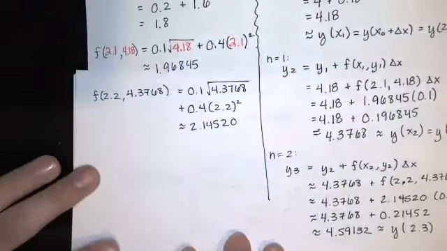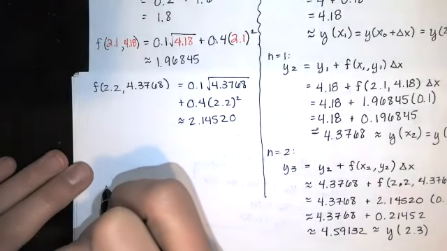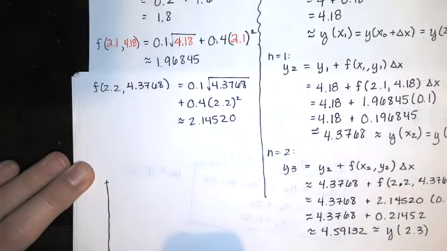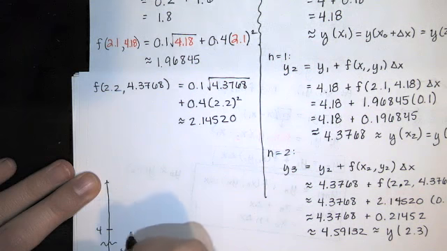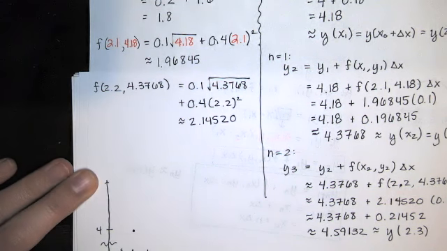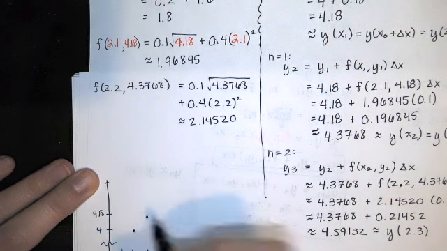So just to make it a little bit easier to see, I'm going to imagine that we've zoomed way in. So at x equals 2, we're here, and at y equals 4, we're here. And then at 2.1, the y value was approximately 4.18.